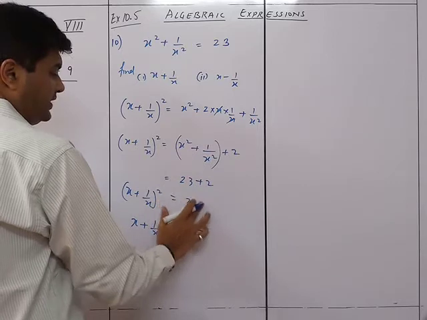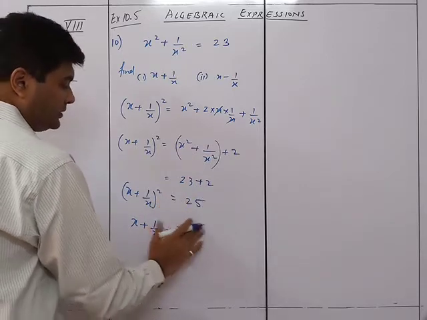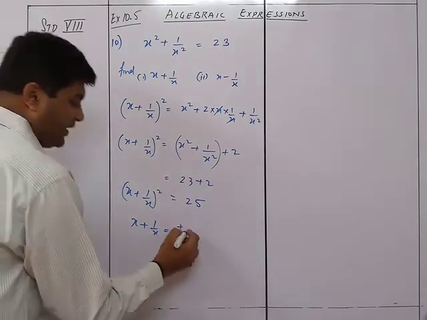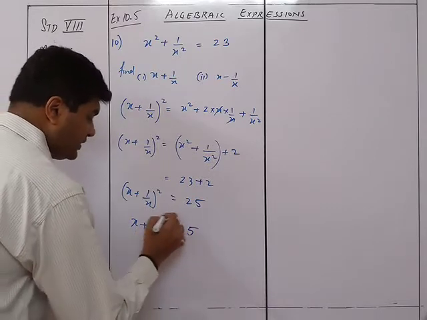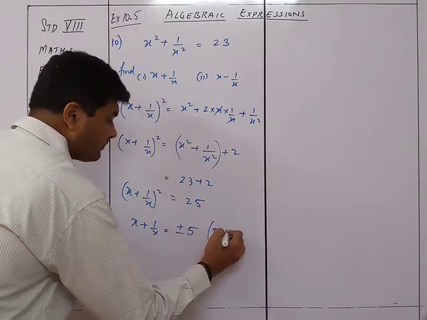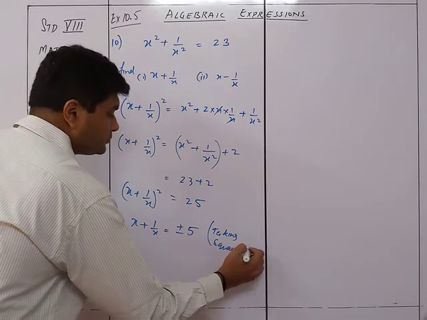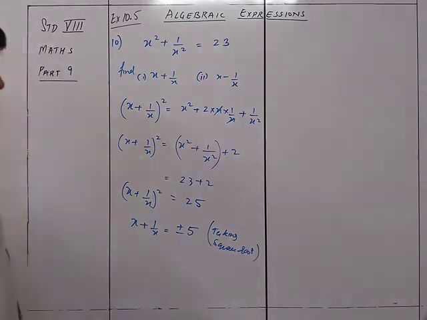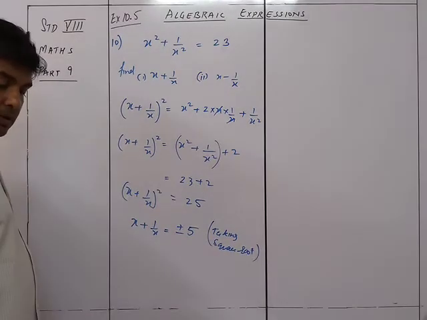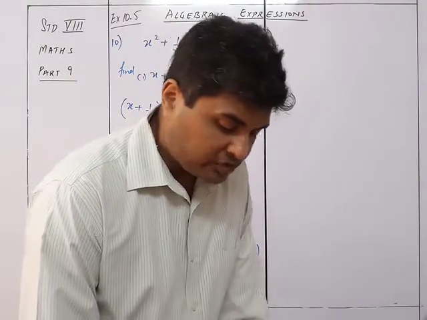So this is 25. You know that the root of 25 is 5, taking square root. Clear? So this was the value as plus or minus 5.